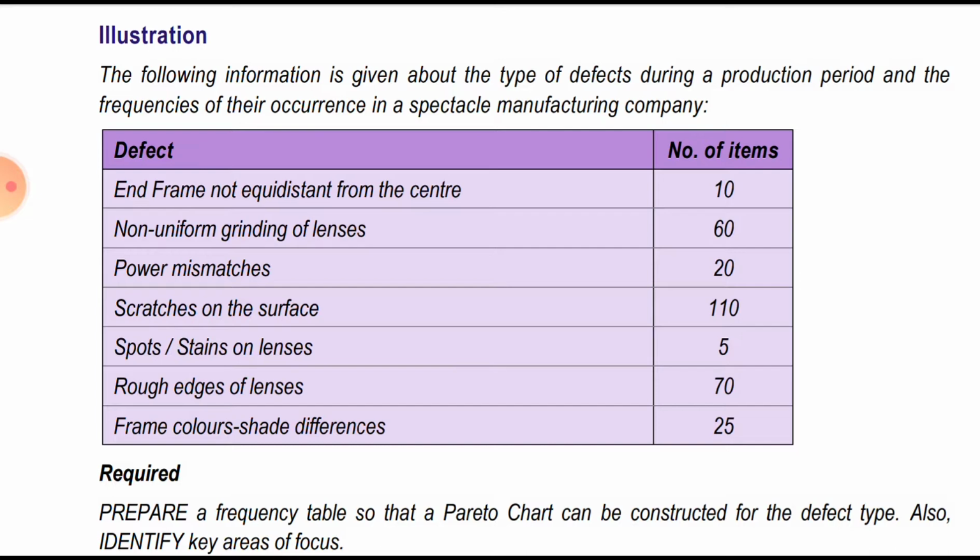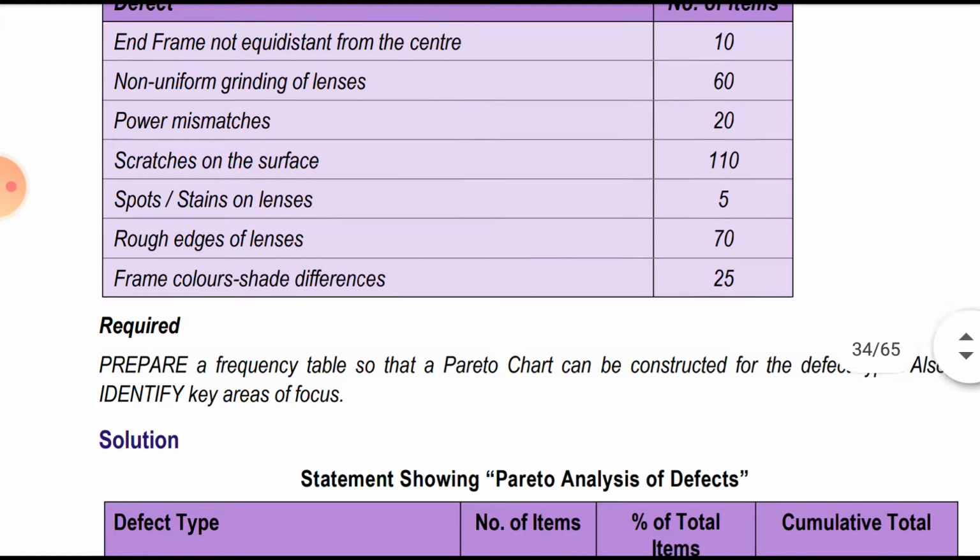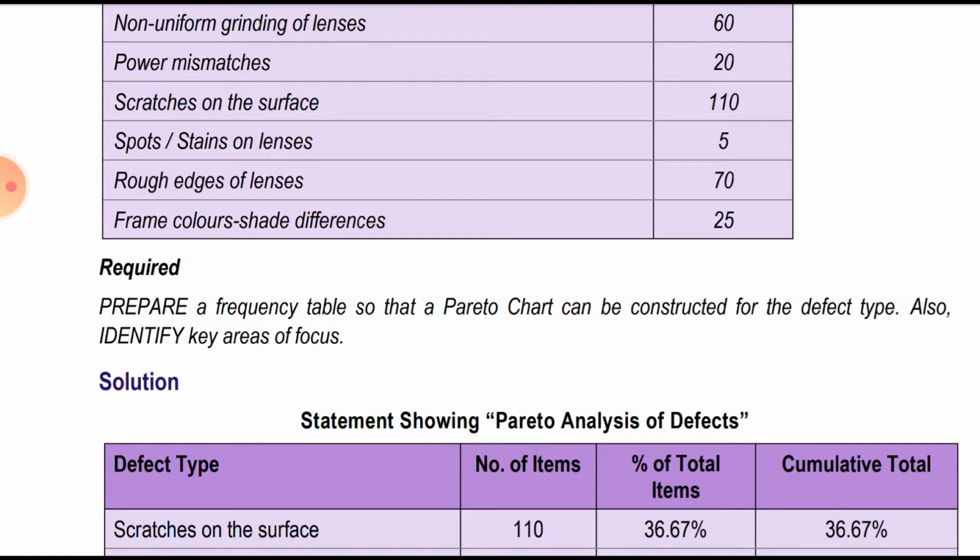The defects are: end frame not equidistant from the center, non-uniform grinding of lenses, power mismatch, scratches, spot, rough frame. These are the number of units lost. Then prepare the frequency table so that the Pareto chart can be constructed for the defect types, and also identify the key area of focus.